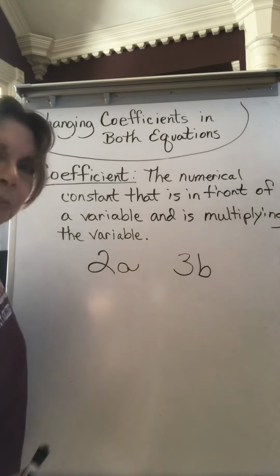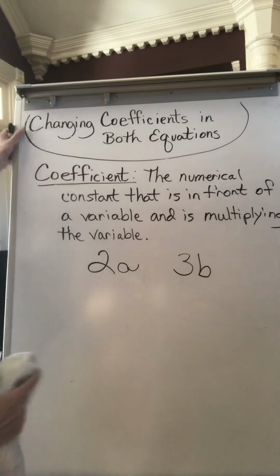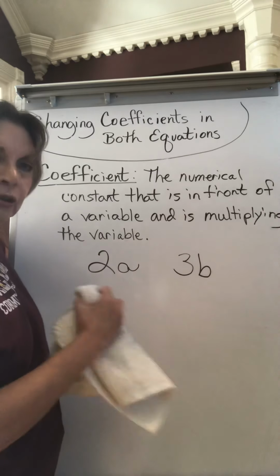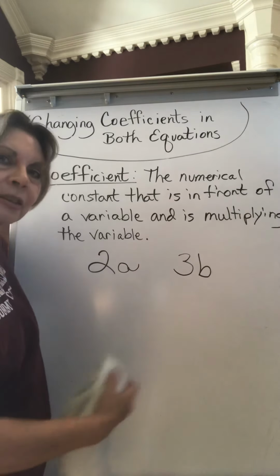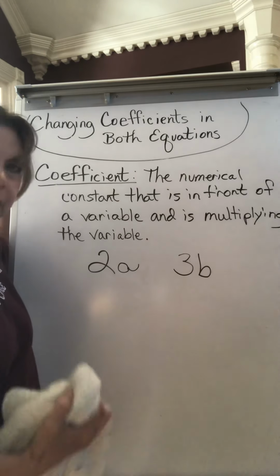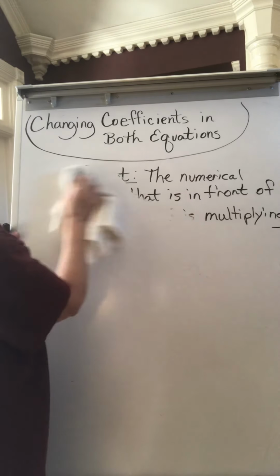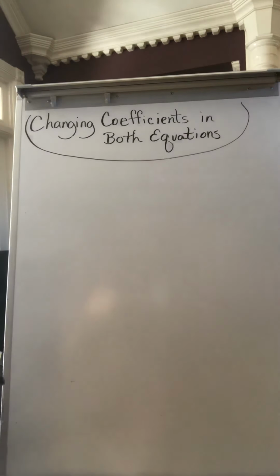Okay, let's work some systems of equations where we have to change one of the equations a bit so that we can work with it. We have to put it in a form that we can work with. Let me erase this. And let's write our question up here.